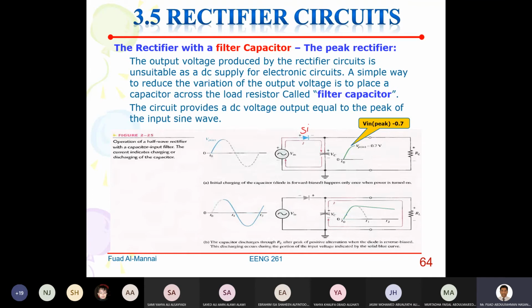See this? It's going like this, slow. So that's the output. Why is that? Because the diode is open circuit.